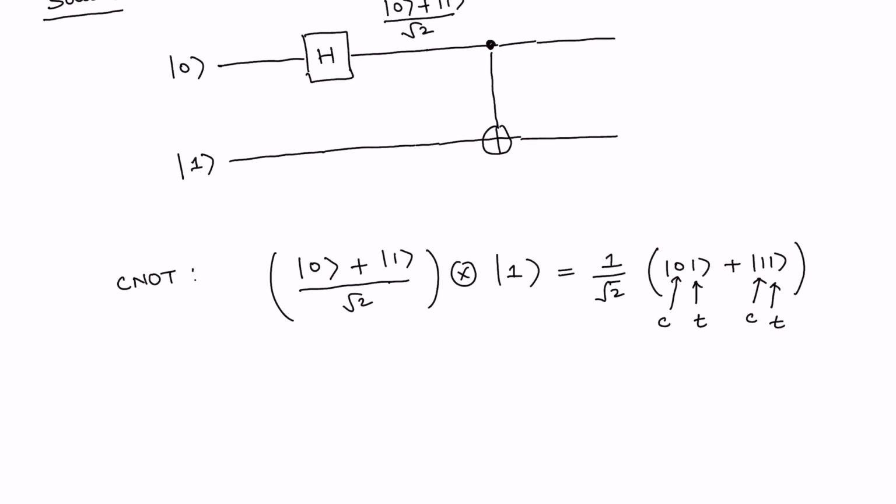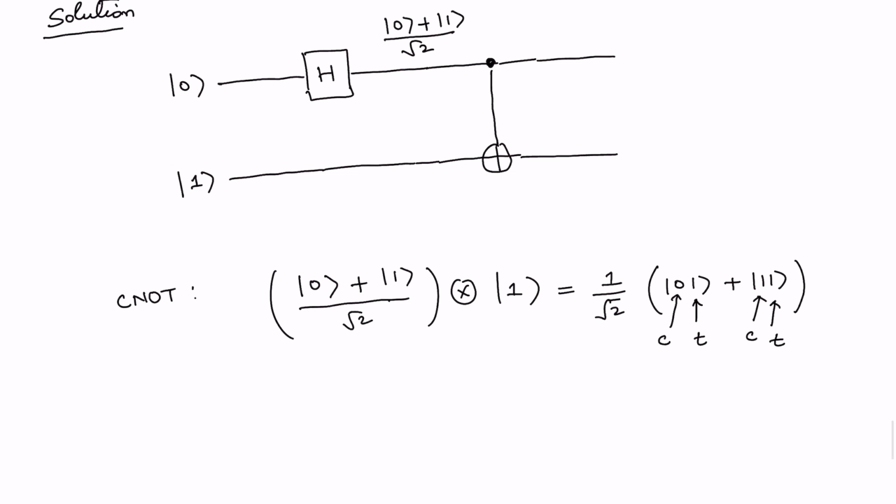So at the output you are going to get 1/√2 times: the first one will remain as it is, |01⟩, because the control is 0, the target is not going to get flipped. But in the second one, because the control is 1, the target is going to get flipped, it would be |10⟩. So this is the state after this C0 gate.